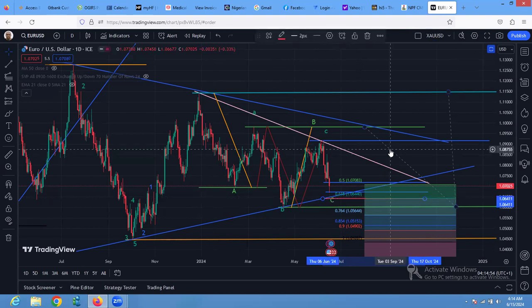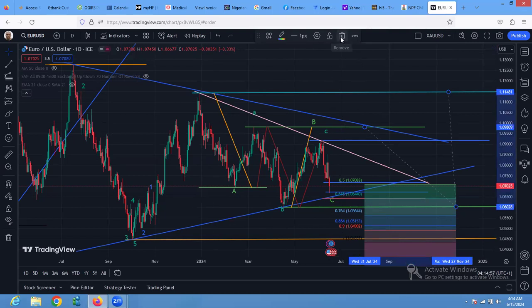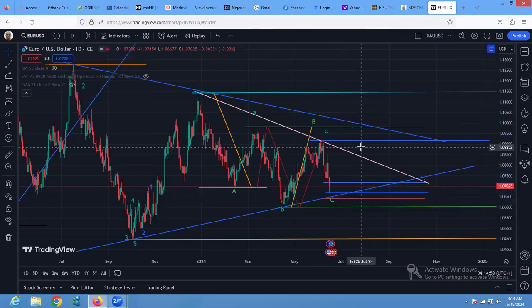Around that area. So we know that price will not break a C here.